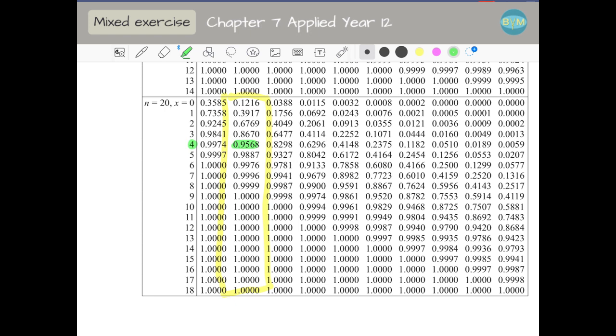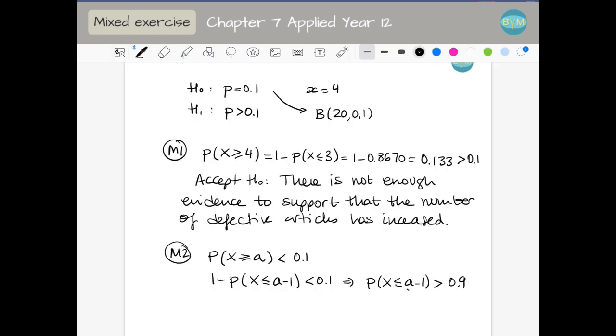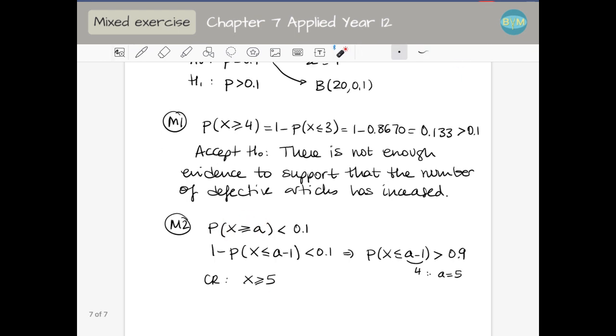So 4. This value is 4, therefore a is 5. So my critical region is x greater or equal than 5.